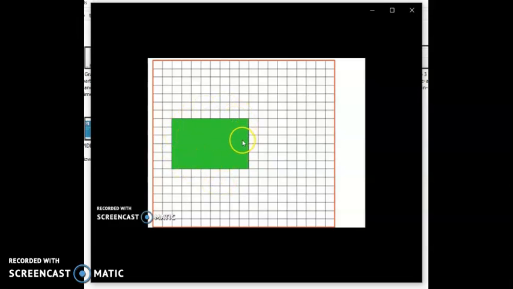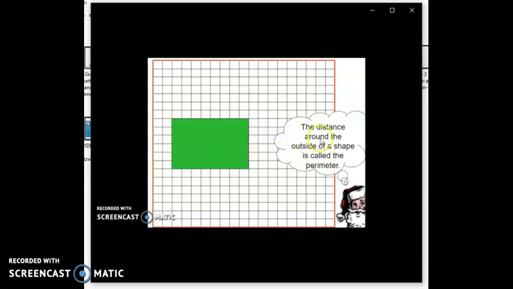For example, this is my shape, a rectangular shape, a rectangle. How can I find its perimeter? Perimeter is basically the distance around the outside of the shape.